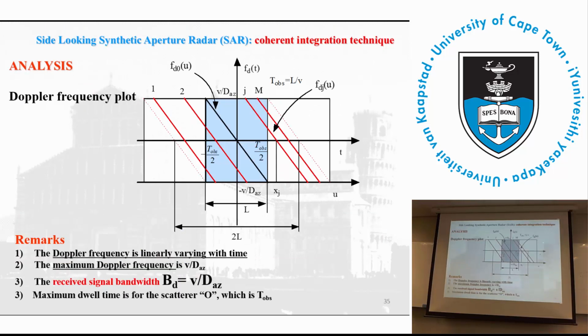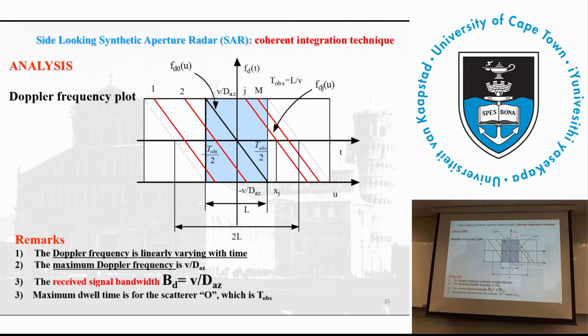And of course, you can relate this to t, or you can also relate this to u. u is space, and t is time. So space goes from, this is L, and this is t_ops. So you can have either one axis or the other, depending on what's convenient for you. So the Doppler frequency is linearly varying with time, and this is because we have approximated our phase term with a quadratic term.